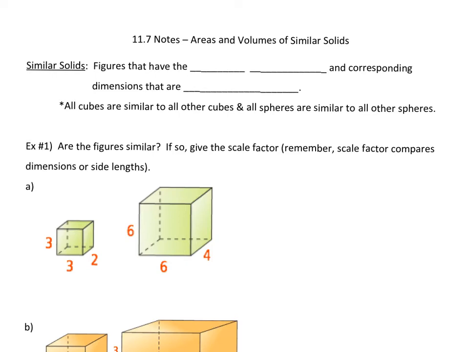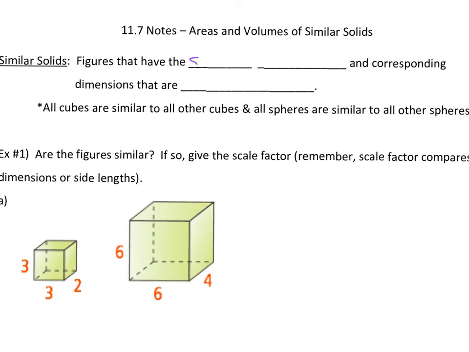Okay, 11.7 is area and volume of similar solids. So first thing you need to know is what are similar solids. And those are figures that have the same shape and corresponding dimensions that are proportional.